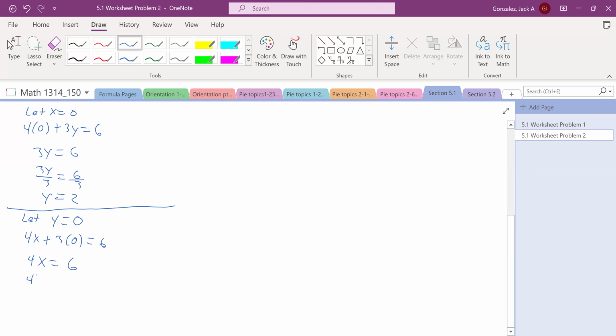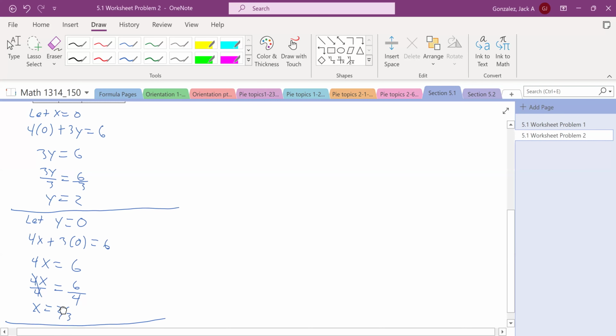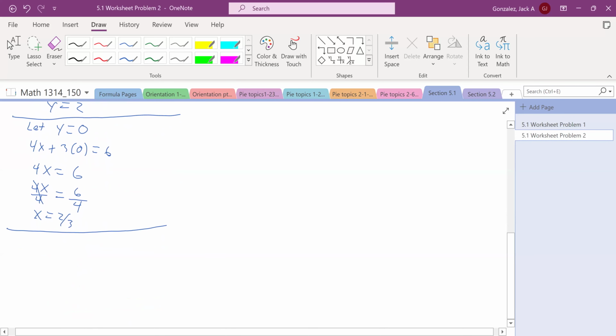Divide both sides by 4, which reduces to 3 over 2. Or is it 2/3 or 3/2? Yeah, you're right.